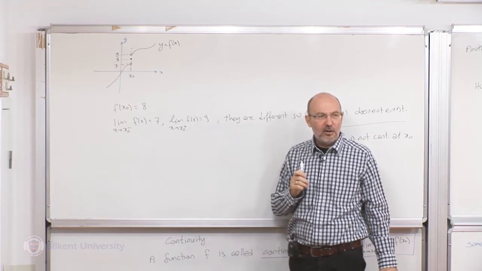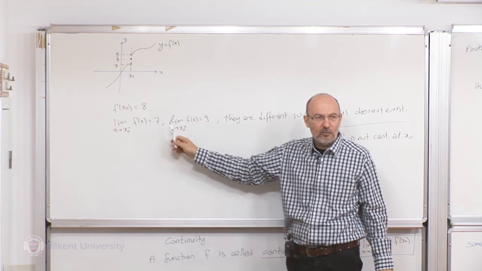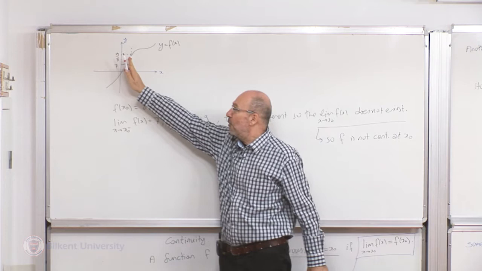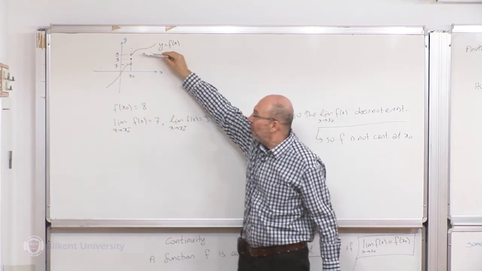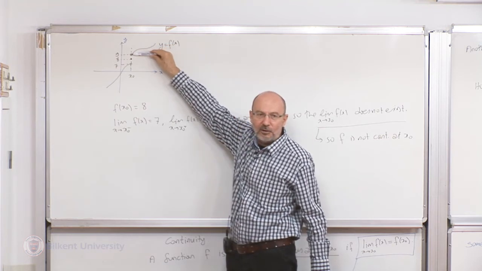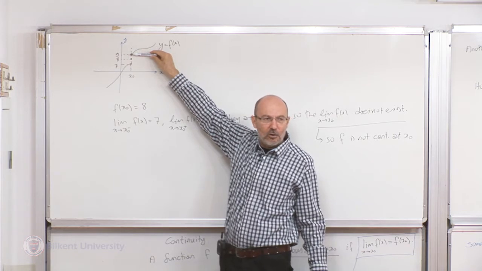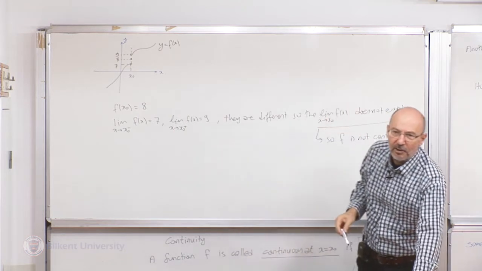When we check the limit, we always look at the right limit and left limit. If one of these limits does not make sense, for example, it was possible that the function is not defined on this side, okay? But then if the right limit is equal to the value of the function, we all agree that it's a nice function, okay? So there is no reason to say that the function is not continuous. So we will make that agreement.